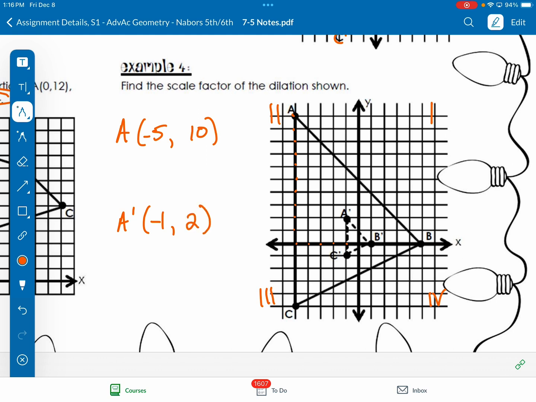We all agree with that? Okay. Now, is this an enlargement or reduction? This is a reduction, right? Because we see our primes here. It tells me my image is smaller, so it reduced. It means my scale factor should be less than 1. So we're looking for a number I can multiply -5 and 10 by to get -1 and 2.